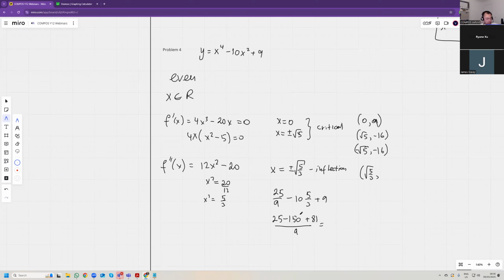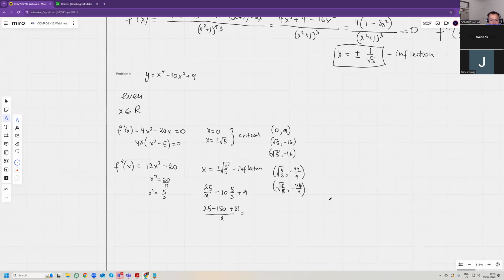So that's something. Minus 150 plus 81 minus 44. So minus 44 over 9. And of course, minus root 5 over root 3 would be the same. Minus 44 over 9. Yeah, so those are the inflection points.